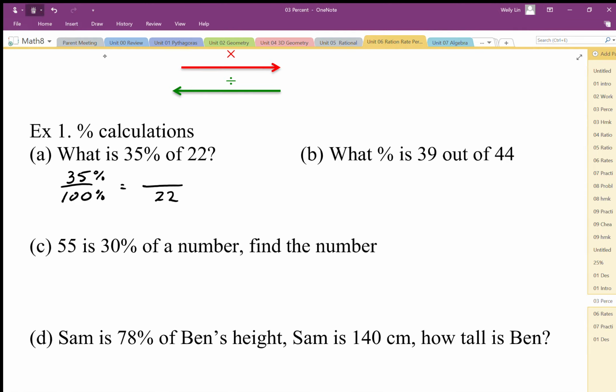I'm going to find a multiplier, and I can use a left and right multiplier. I'm going to use our decimal percentage multiplier of 35% and use that over here. So if I take 35% of 22, we're going to end up with 7.7.